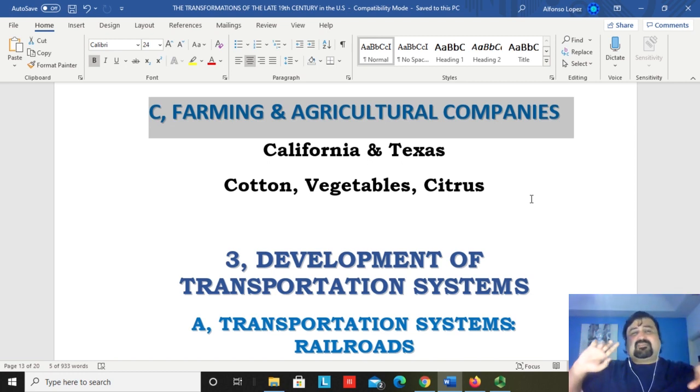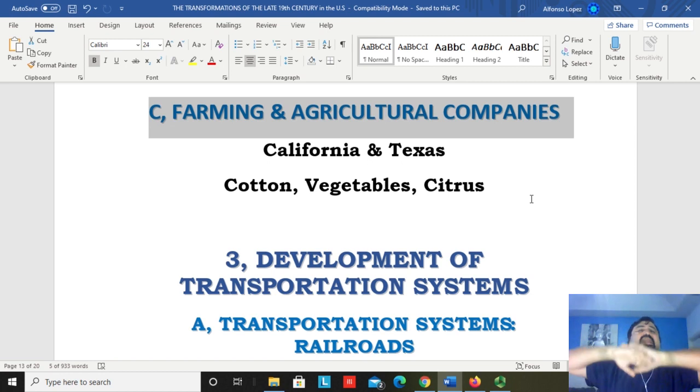When we talk about California and Texas, there's going to be a lot of people already moving into the market because the opportunity is now presented to farmers in the West, from whatever region you're moving into, that now the railroad is arriving, is being developed all over the country, and there's now the possibility for you to ship your product to another city, to another region.